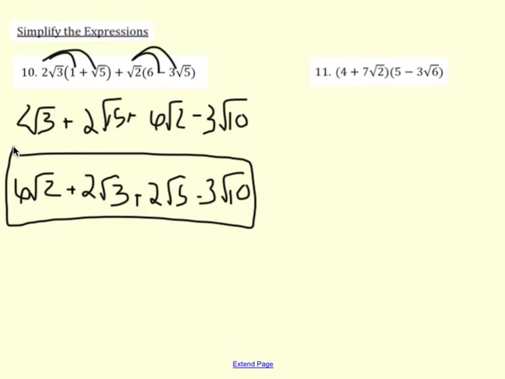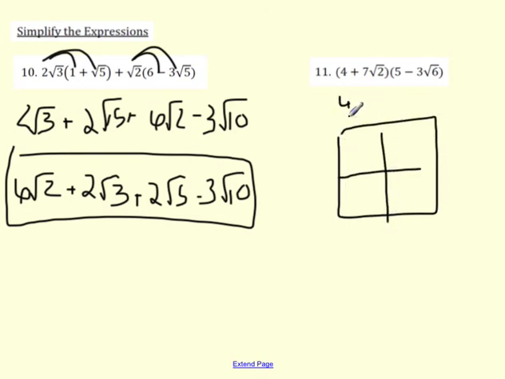Next, let's take a look at number 11. So this one we actually need to use the box method on. So I'm going to have 4 times 7 square root of 2 times 5 minus 3 square root of 6. And now we're just going to be multiplying into the box. So to start off with, I'm going to do 5 times 4, which is 20.